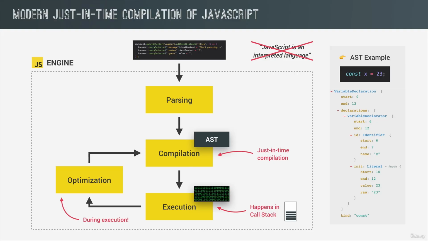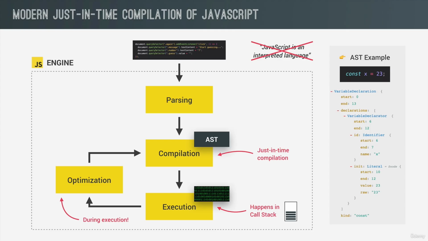And this can be done multiple times. And after each optimization, the unoptimized code is simply swapped for the new, more optimized code without ever stopping execution, of course. And this process is what makes modern engines, such as V8, so fast.